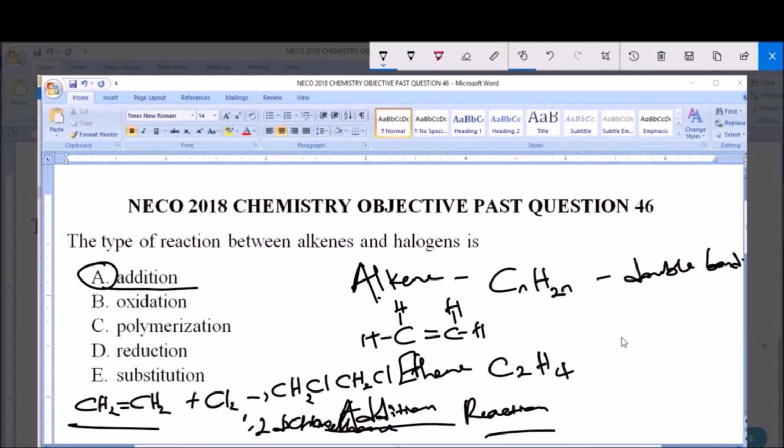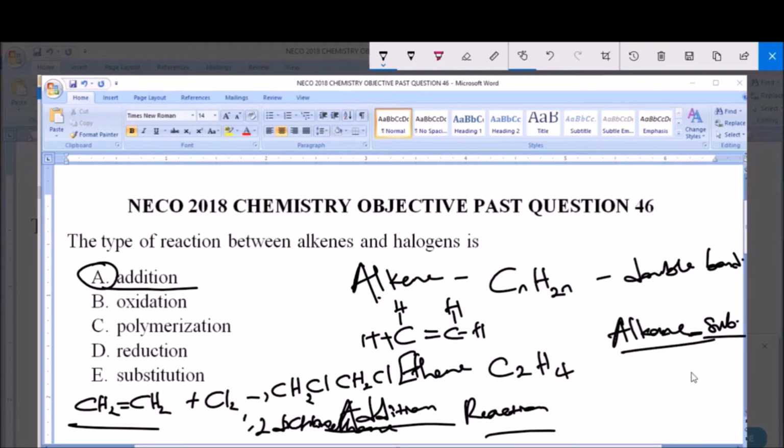But for alkanes, they undergo what? Substitution reaction. And this is because what? They are already saturated. But alkenes are not saturated because of the presence of the double bond. So addition of chlorine will break this double bond and make them saturated. But because alkanes are already saturated, they can only undergo substitution reaction, that is, replacing the hydrogen atom with another what?